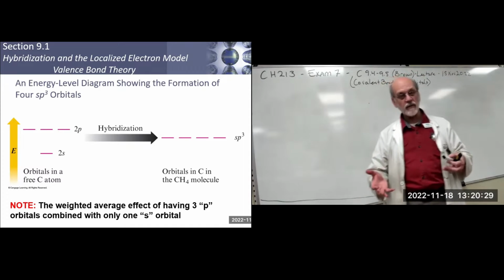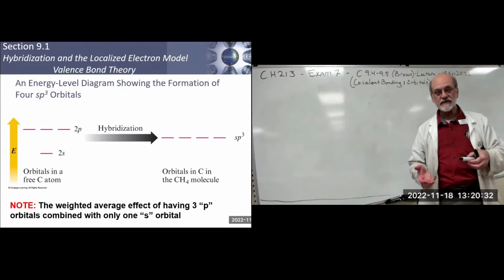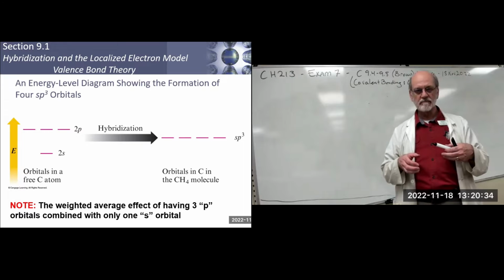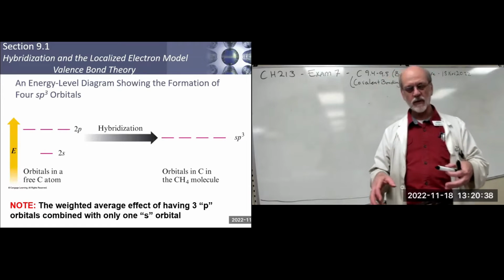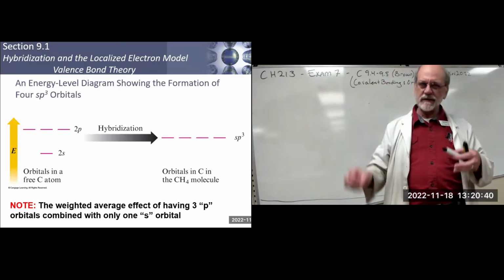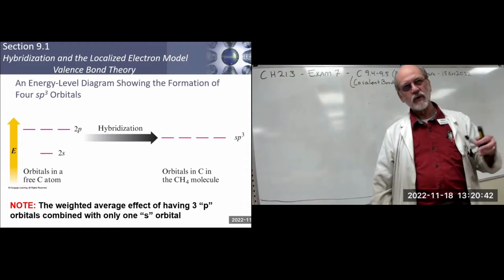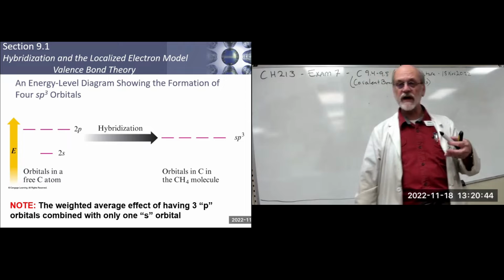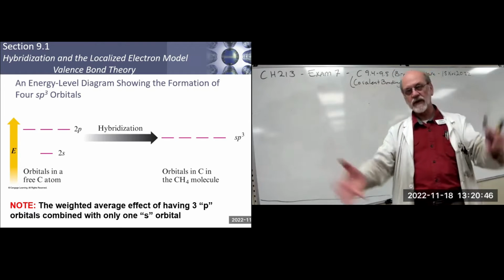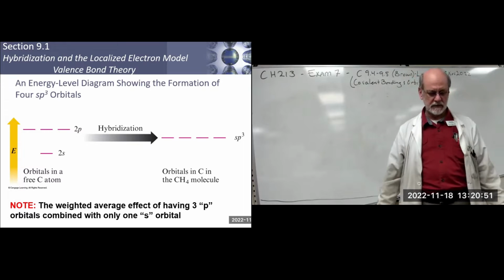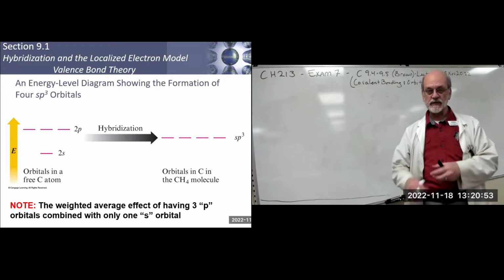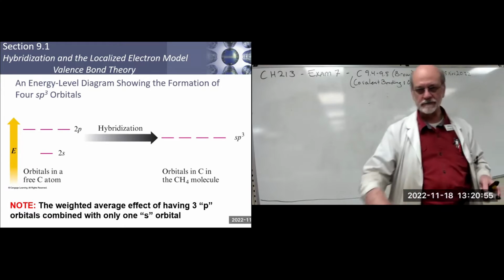That's one of the problems of the valence bond theory, that it does not predict accurately actual energies for the orbitals. Well, it does, but when you do that, then you lose information on where the electrons might be, right? Because of the Heisenberg uncertainty principle that we discussed earlier.